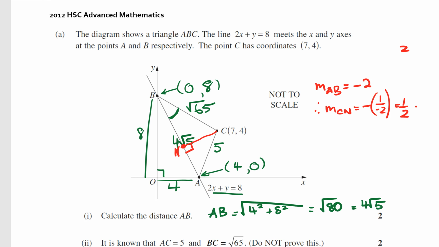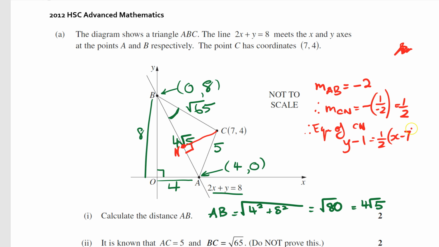Thank you, computer, for jumping there. So, now that we have the slope of CN, therefore the equation of CN is y minus y1. So that's going to be y minus 4 equals m outside of x minus x1.